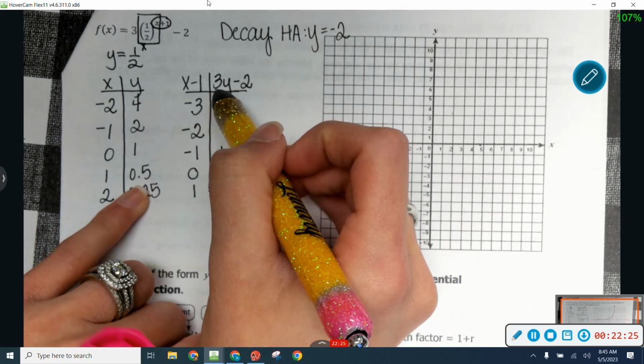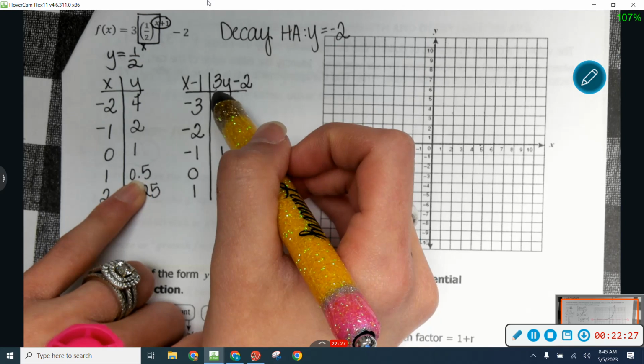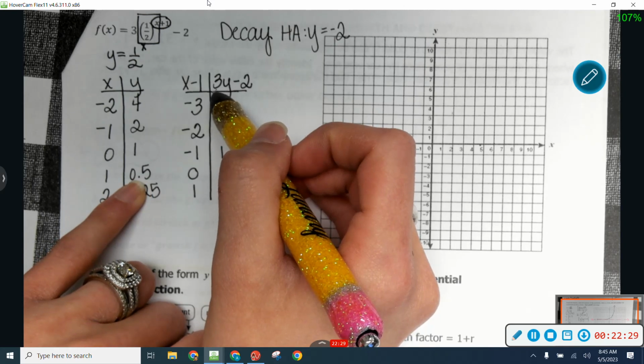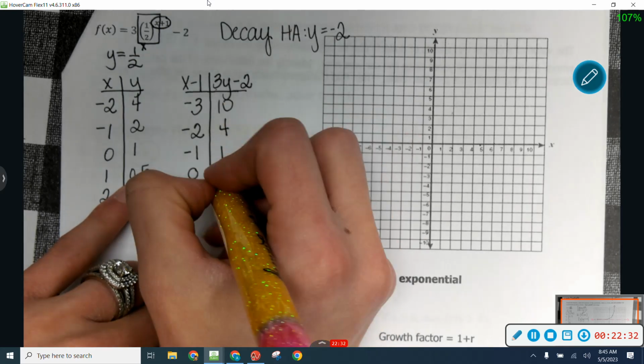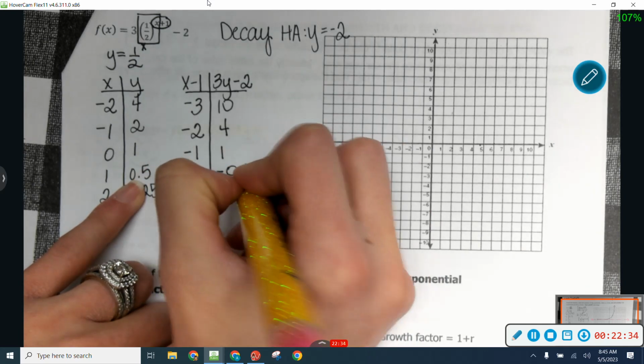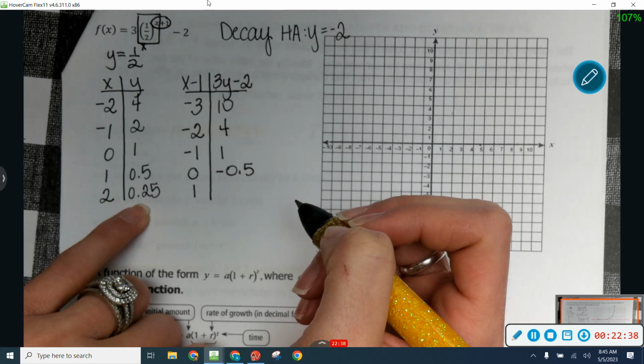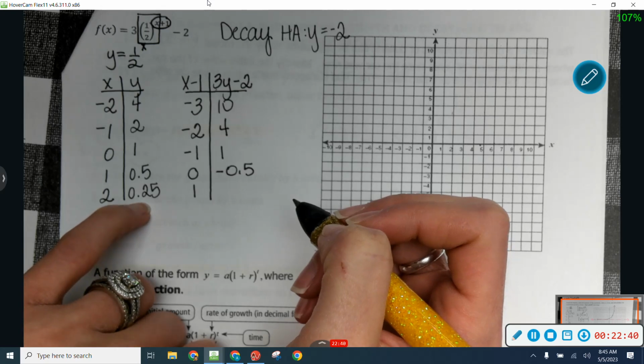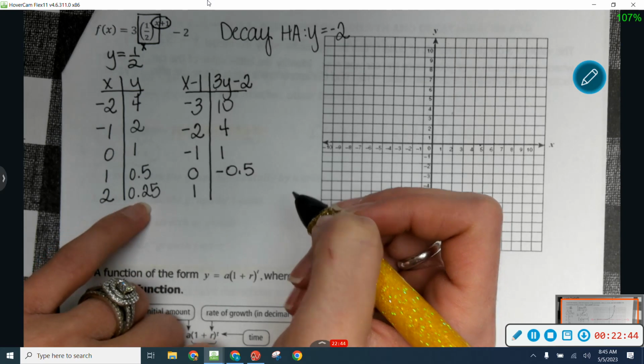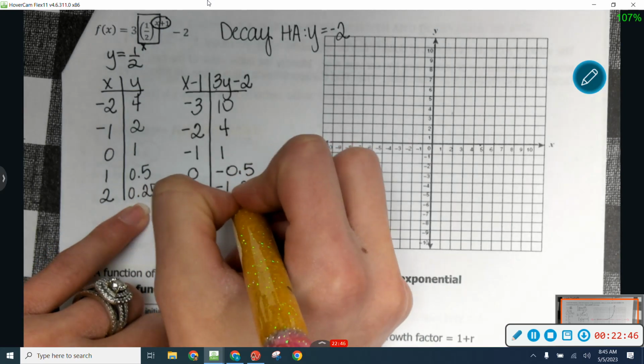Okay, 3 times 0.5, so half of 3 is 1.5, minus 2 is -0.5. A fourth of 3 is 3/4, which is 0.75, minus 2 is -1.25.